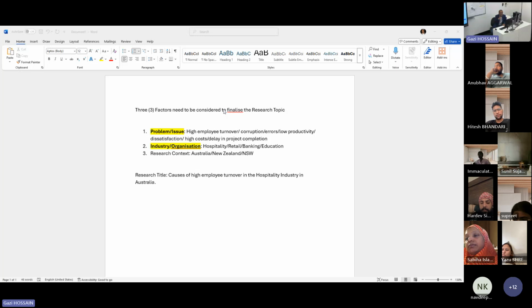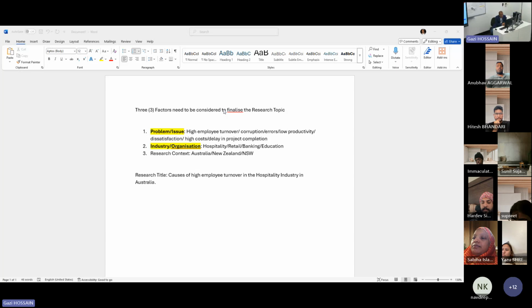We can't say this is the reason for employee turnover in McDonald's and the same reason applies also to KY. We can't say that. For KY or Sydney University or UTS, why employees turn over, the same reason is not at Hungry Jack's or KFC or McDonald's. Very different reasons.